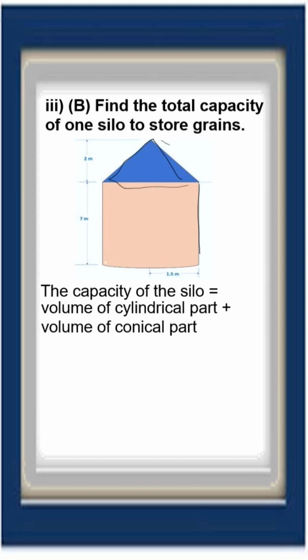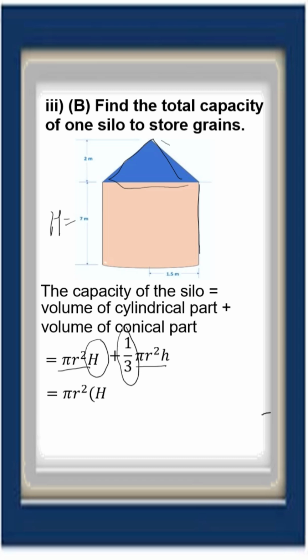Volume of cylinder is equal to pi r square h, because we have kept this as h, plus volume of conical part is 1/3 pi r square h. Now here pi r square is common, h plus 1/3 h. Don't add these two, they are different things.